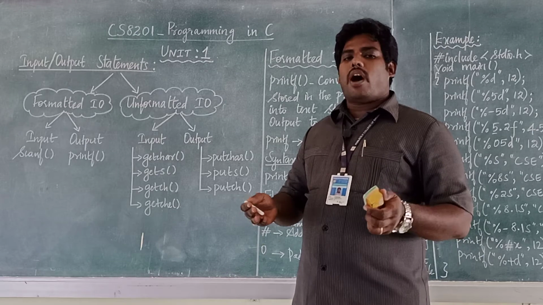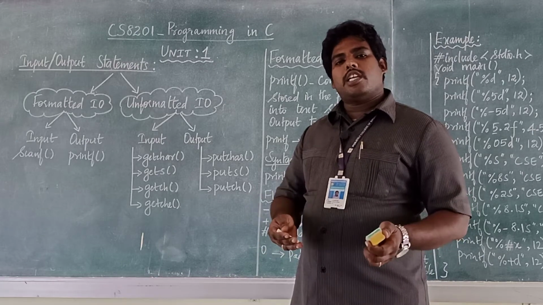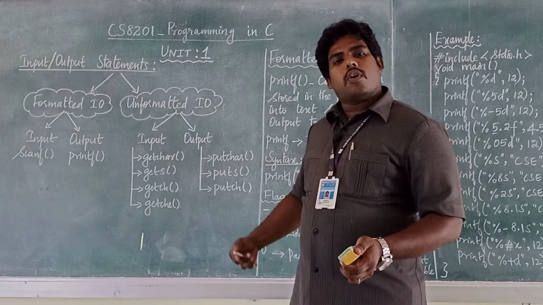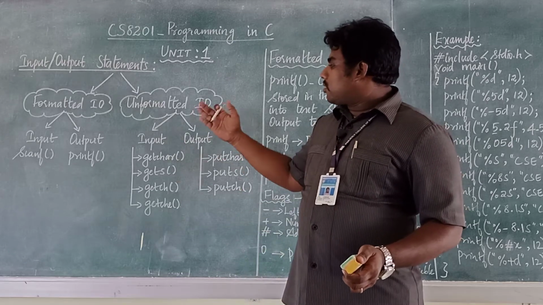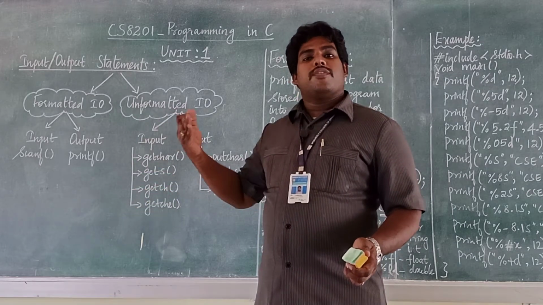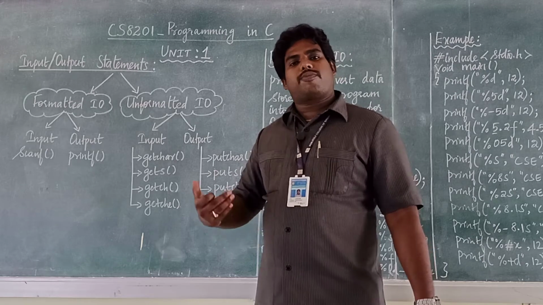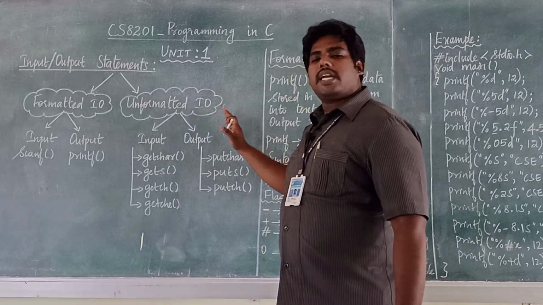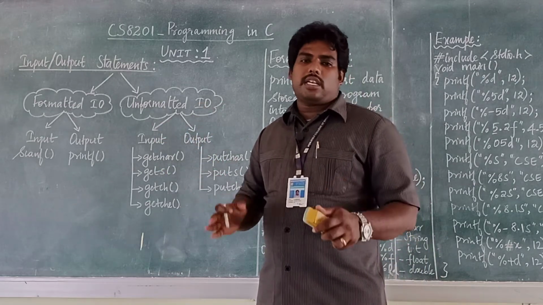Using it, we can get input of integer numbers, characters, strings, floating point and everything. Likewise, formatted output can print all the data types like integer, character, float, string, everything. But unformatted input-output supports only the character data type.